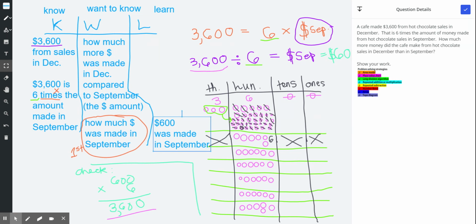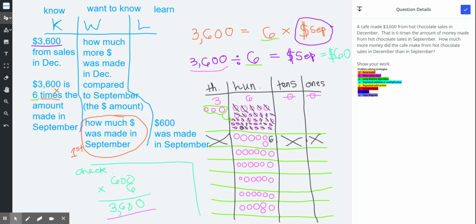Well, we haven't yet found out how much more money was made in December compared to September. We've only found out how much was made in September. So as you're probably guessing, the way we can figure out how much more was made in December is subtraction.